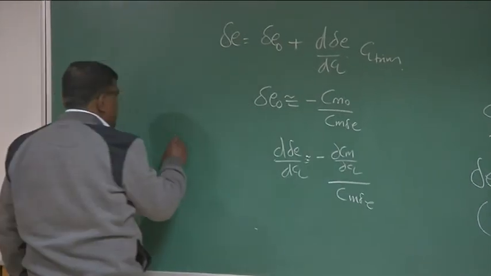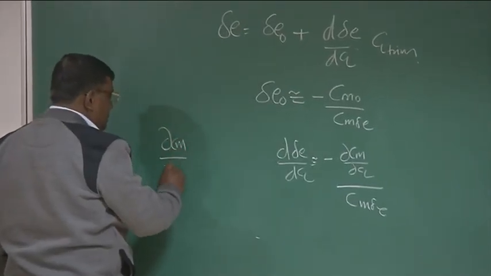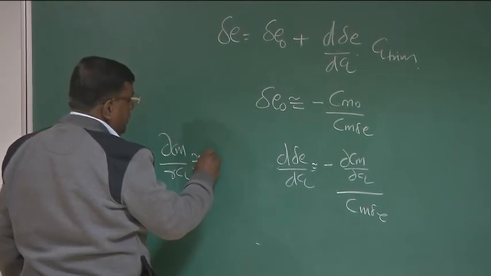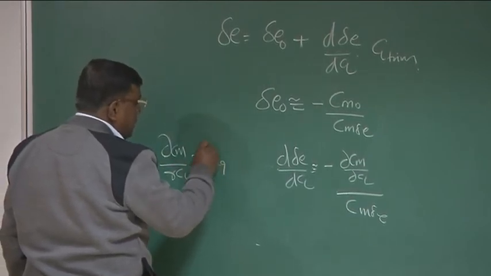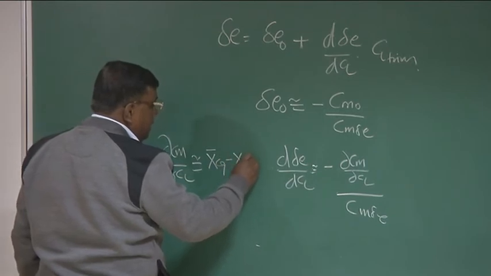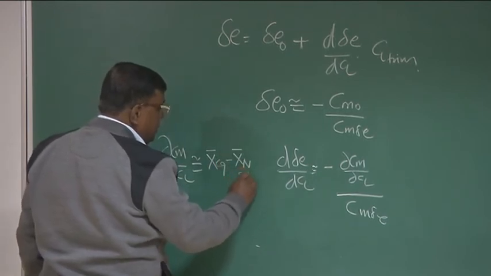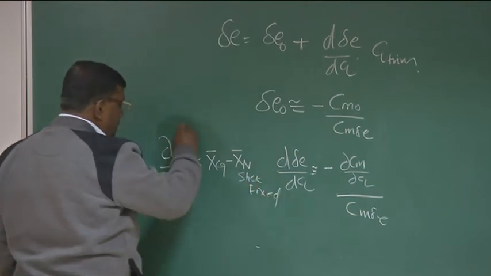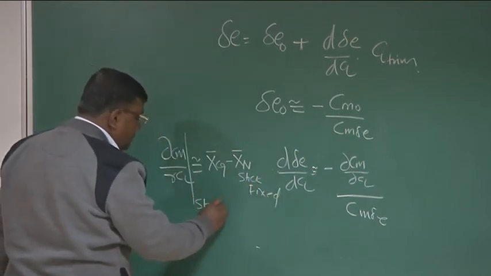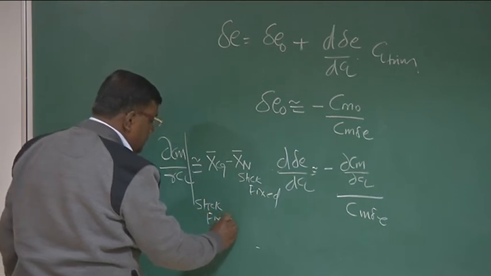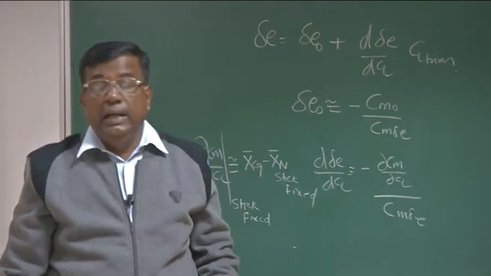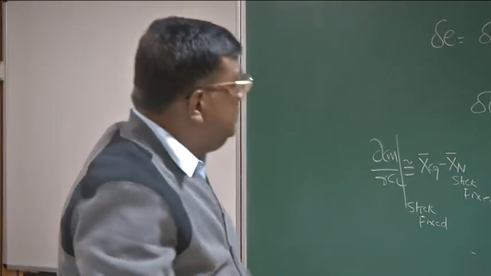Remember dCm by dCL approximately I can write as xCG minus xN stick fixed. Right? This is stick fixed. Why are we talking about stick fixed? Because it tells you the absolute value of delta E required. Right? Okay.